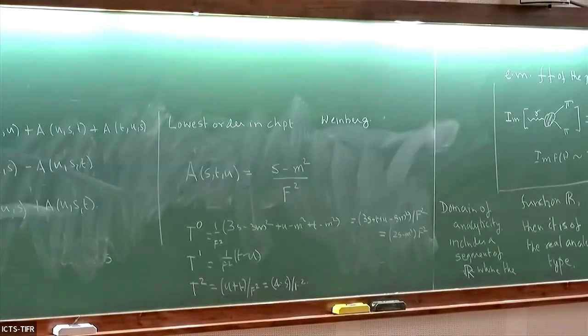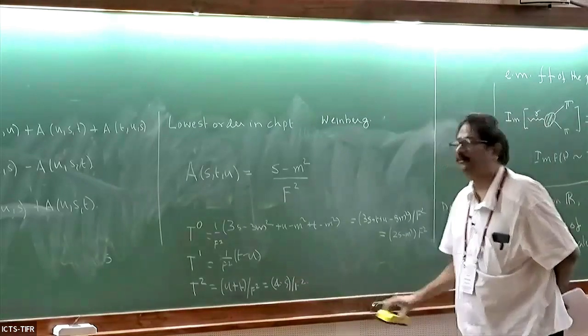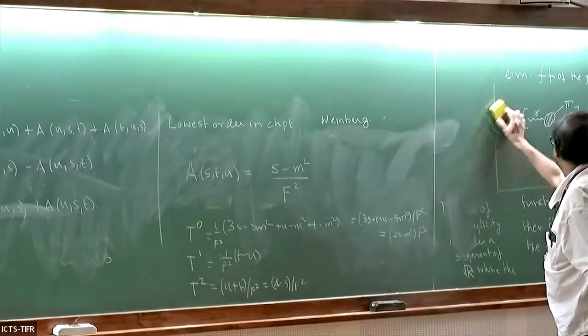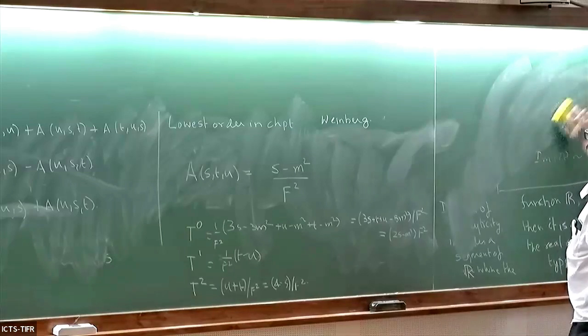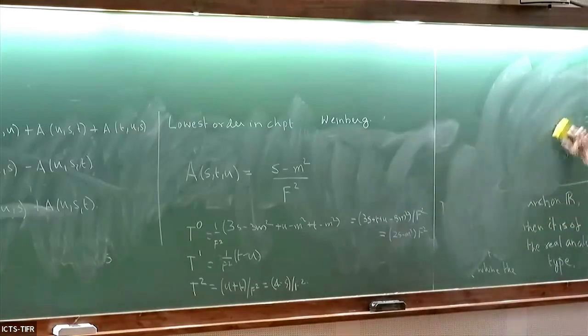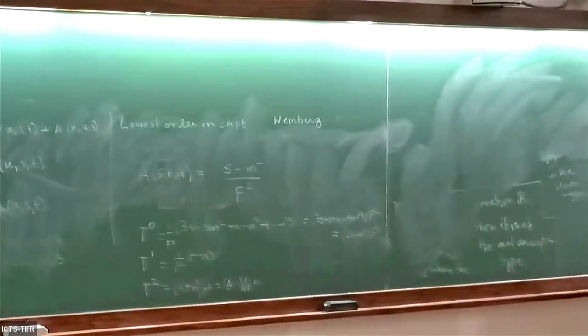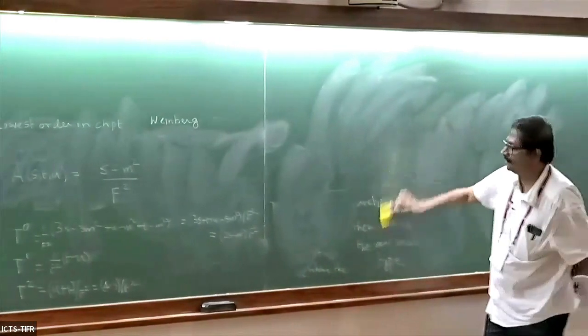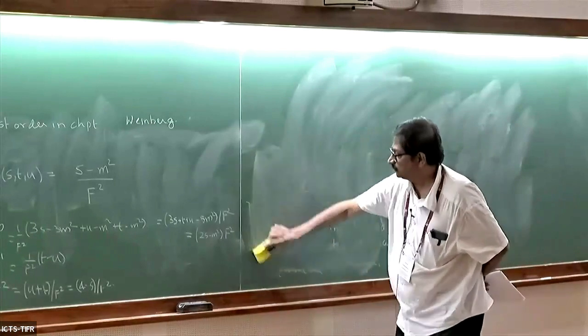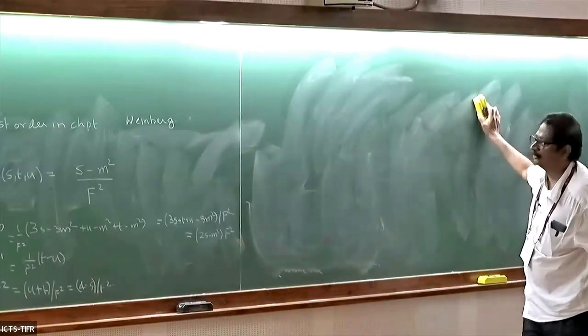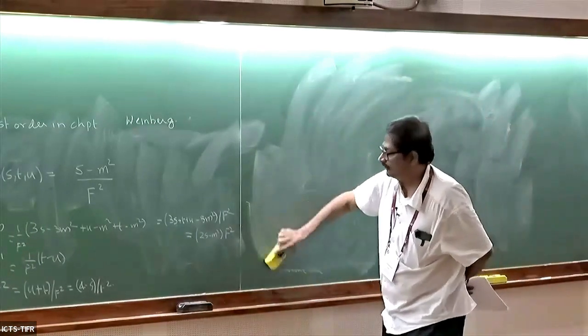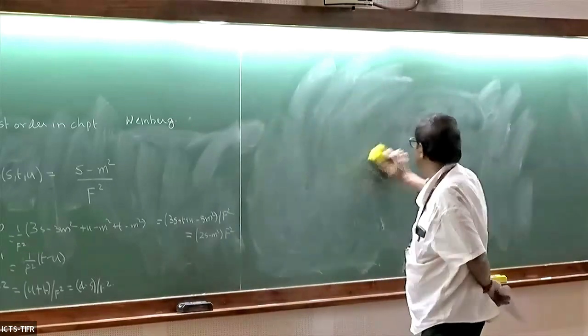Now comes the next question. These are the amplitudes. What did we say we needed? We said we don't need just the amplitudes, but we need something else. We needed partial waves, right? Now we have to take each of these amplitudes and project them onto partial waves. How do we project something onto partial waves?